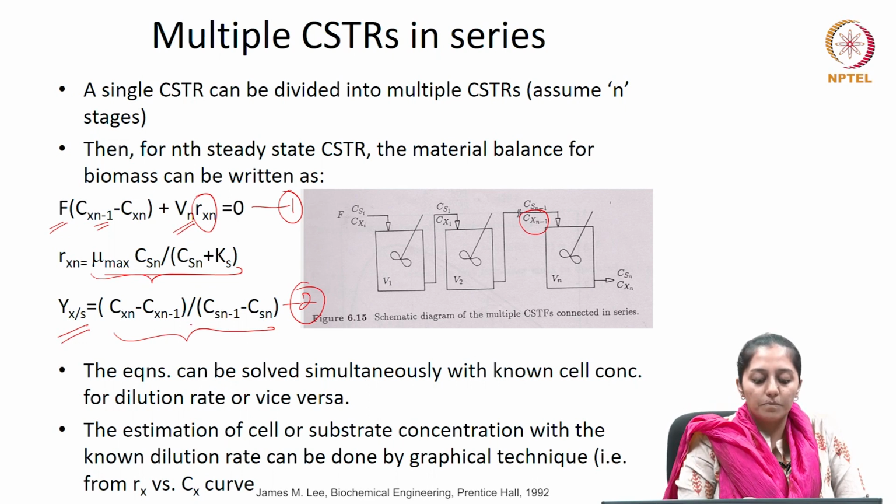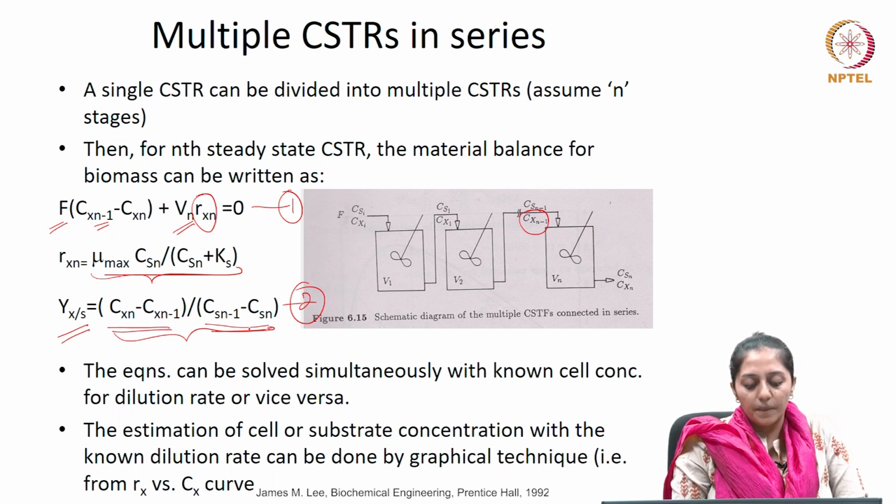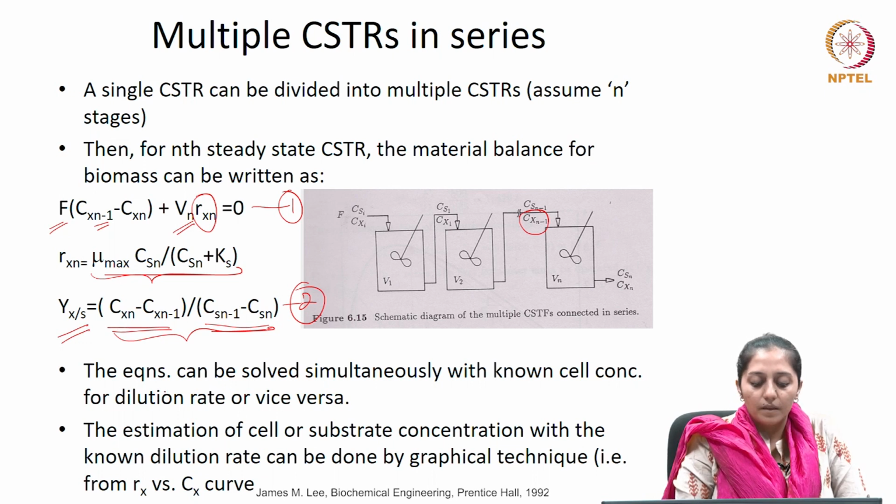The amount of biomass produced, in the numerator, per unit substrate consumed is equal to Yx by s. The equations can be solved. So now again, similarly as we did earlier, the equations can be simultaneously solved with known cell concentrations and the dilution rates.